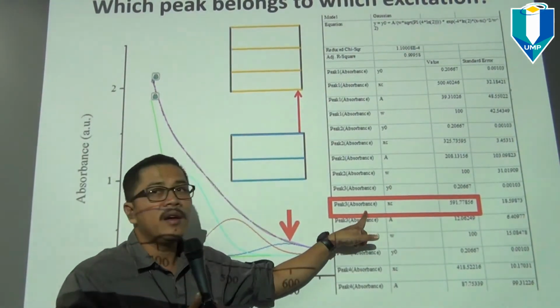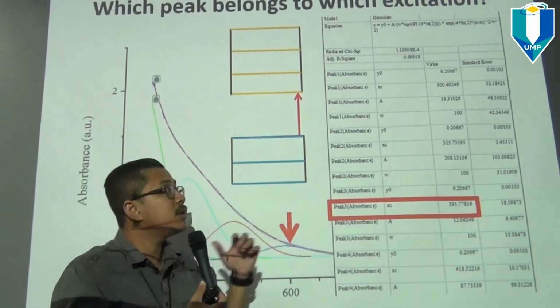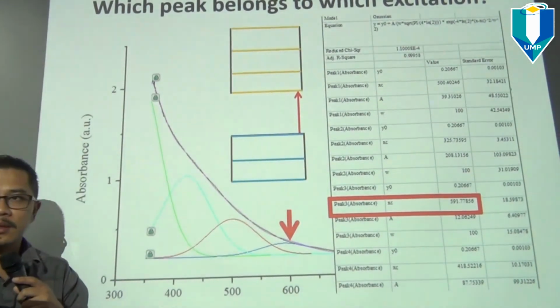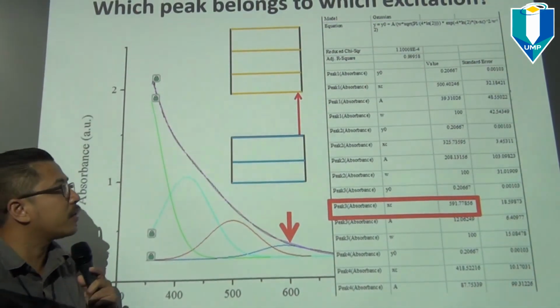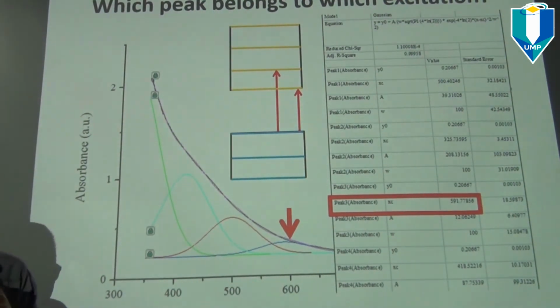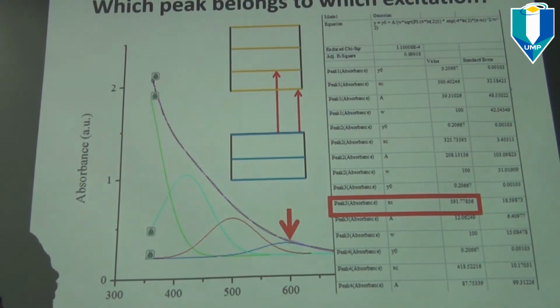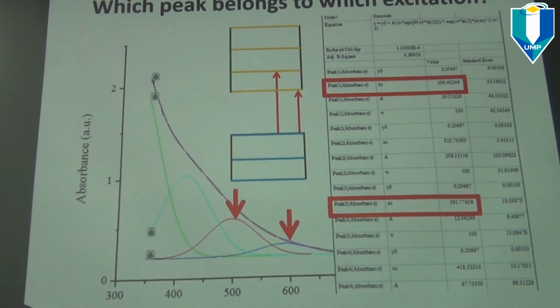This is your first excitonic peak, which corresponds to the first excitation. So how about the second, third and fourth? For the second, choose the XC with the second longest wavelength, which for mine is this one. Mine is 500.4 something. Same? So that is the second excitonic peak, which belongs to this Gaussian peak.